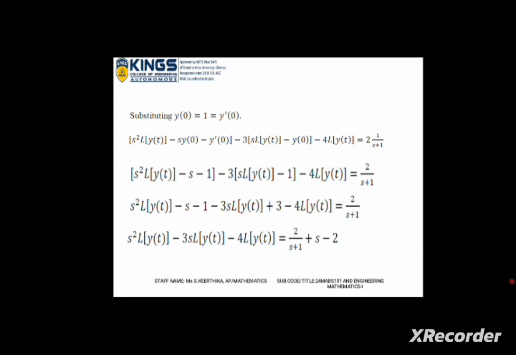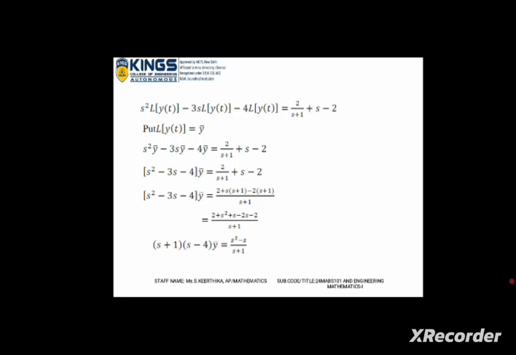Then we get s squared L of y of t minus s into 1 minus 1 minus 3 into s into L of y of t plus 3 minus 4 L of y of t equal to 2 by s plus 1. Now see, the left side is all in Laplace of y of t, and the right side is all in s.